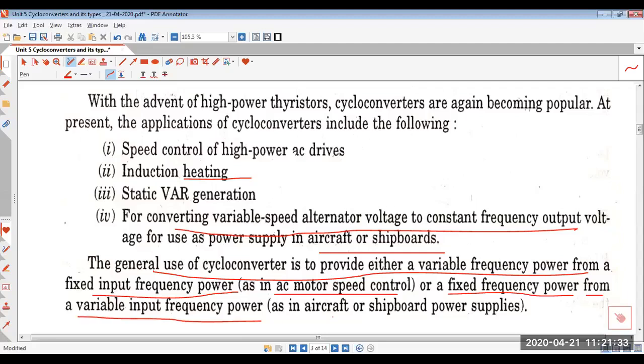So that is also one of the applications, that it can convert a variable frequency input into fixed frequency. Either it gives you a variable frequency signal, or it gives you a fixed frequency signal from a variable frequency signal. That basically depends upon its application, where it is used.